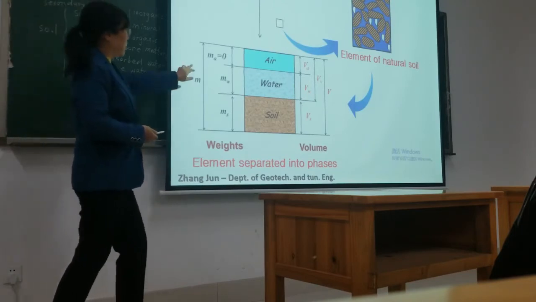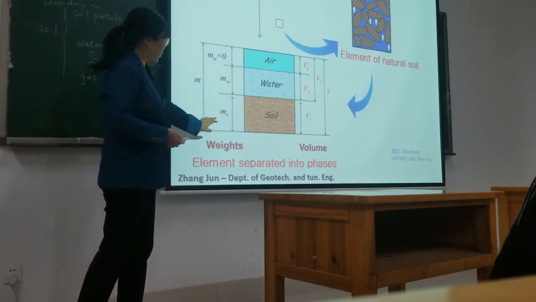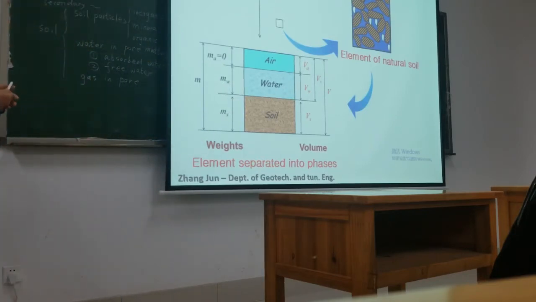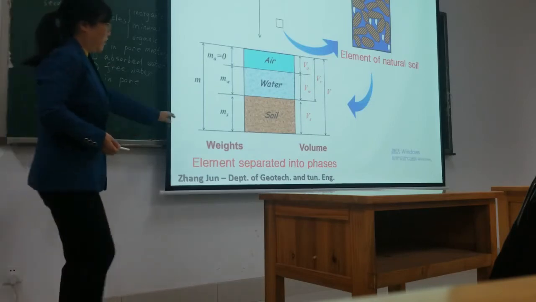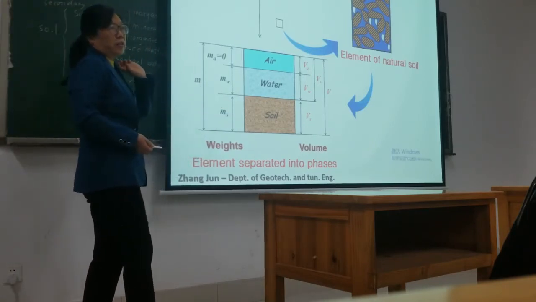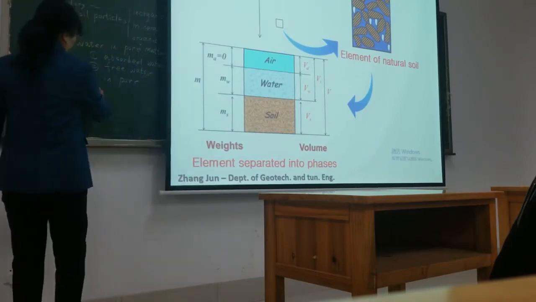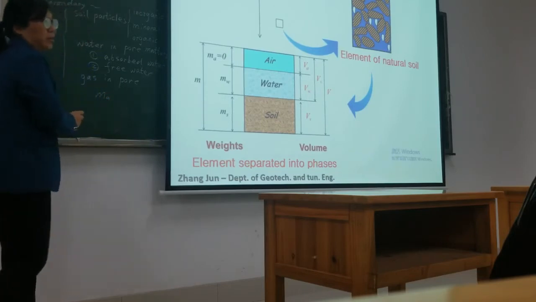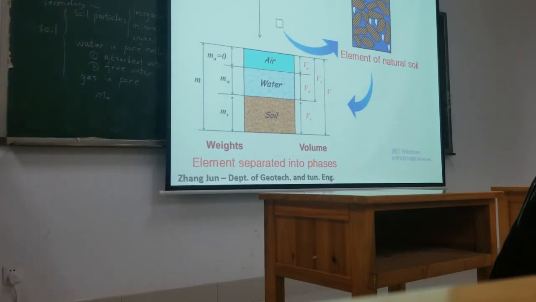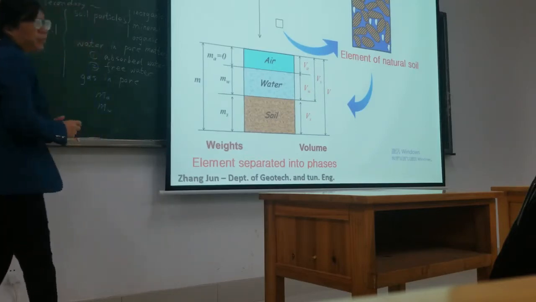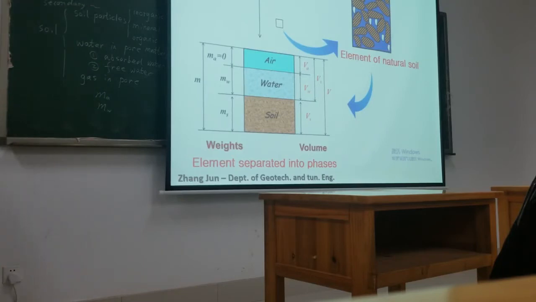Okay. Here the subscripts A, W, S mean air, water and soil grain. Okay. So MA means mass of air. MW means mass of water.